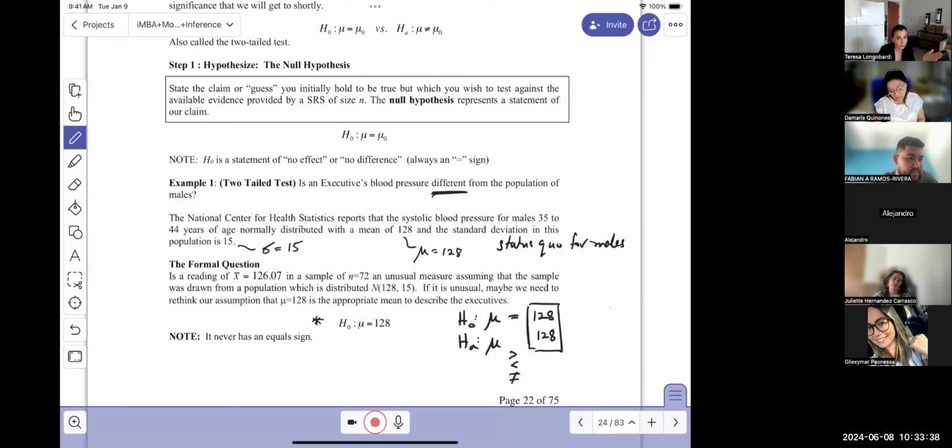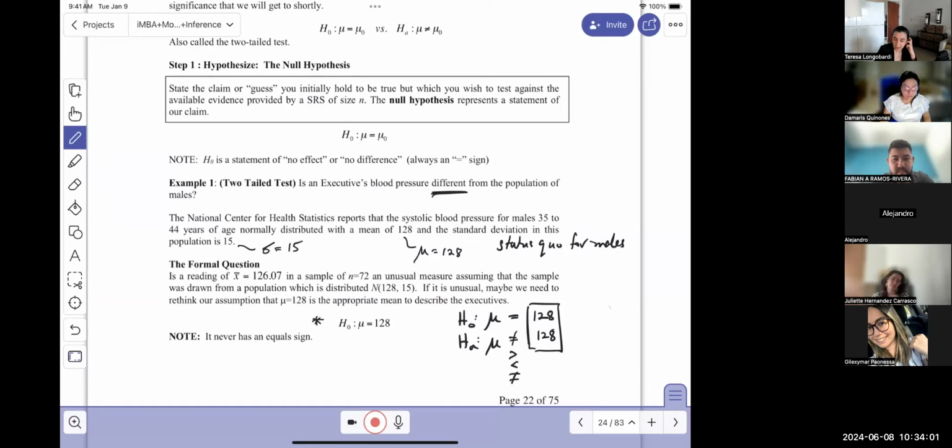It didn't say higher. It didn't say lower. It just says different. So which one do I use? Exactly. Not equal. So I'm going to use that one.